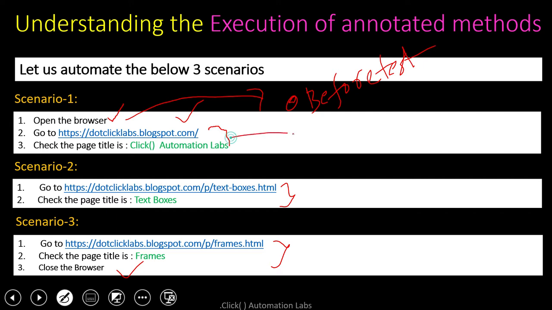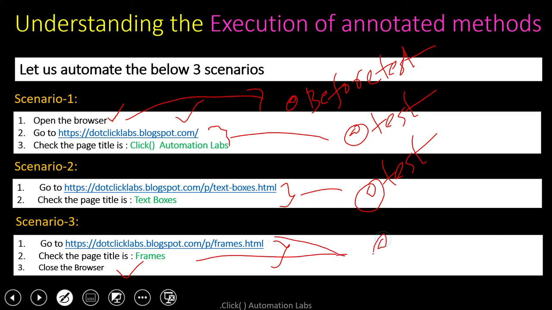And this code I can move to an @Test annotated method, and this code to another @Test annotated method. And these two lines of code, I can even move to an @Test annotated method, meaning three test methods. The close-the-browser code I can move to the @AfterTest annotated method, so this makes effective use of TestNG annotations and you can effectively run your test script.